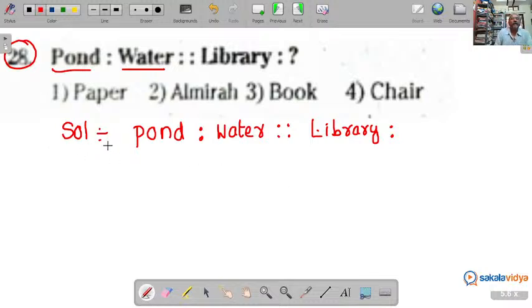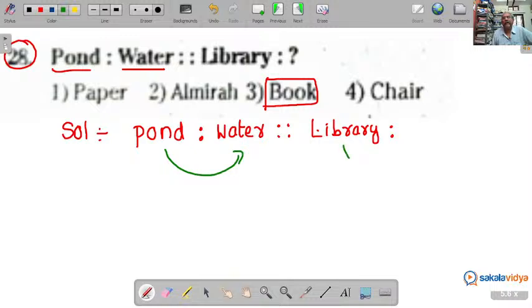Given options: almara okay, chair also okay, book also okay, paper also okay, but actually major importance is books. We shall keep the books in the library. Different kinds of books are being kept in the libraries. So book is very, very important. Pond is related to the water.